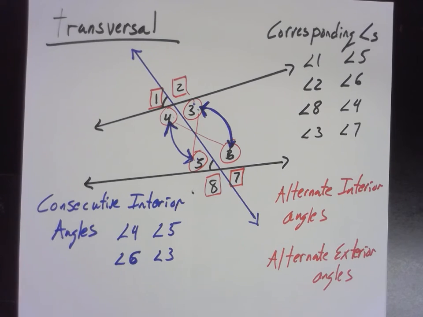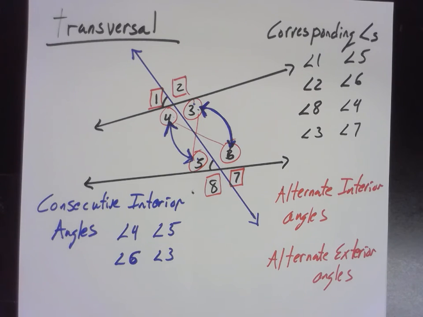Okay, look at the bottom of page 128. See number 3? What's the relationship there with 1 and 5? What do you say? Corresponding. They're in the same location, aren't they? In this case, we could say they're both top leftish, right?